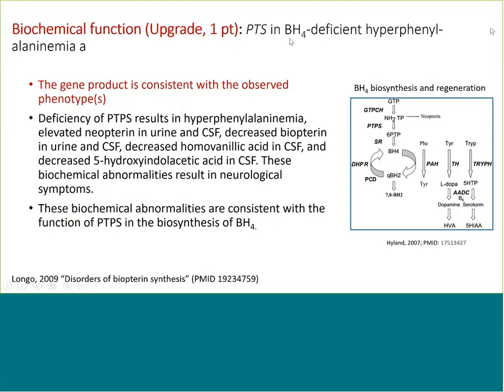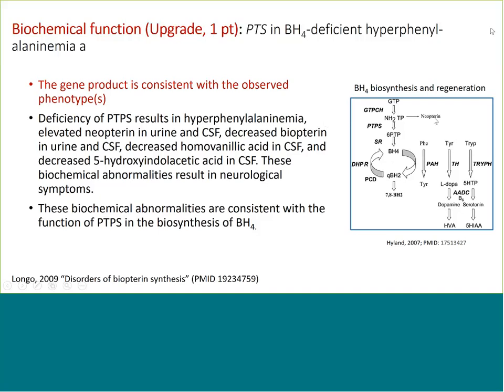As I mentioned, I also counted points for the PTS product deficiency being consistent with the observed phenotypes. So as I'd already mentioned, if you have deficiency of this enzyme, of course you can't make tetrahydrobiopterin, and that results in hyperphenylalaninemia because of the PAH not working correctly.